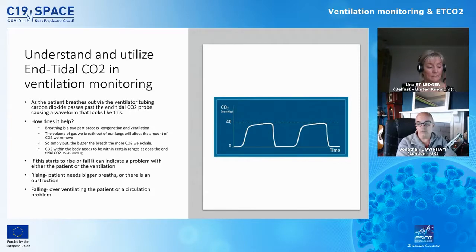You can see from the curve on the right of this screen, the top of the curve is as the patient is maximally breathing out, and the bottom of the curve is as the patient's breathing in. So carbon dioxide is being shifted out as they breathe out, and then it's just oxygen coming out as they breathe in. There are two important roles that carbon dioxide monitoring plays for us.